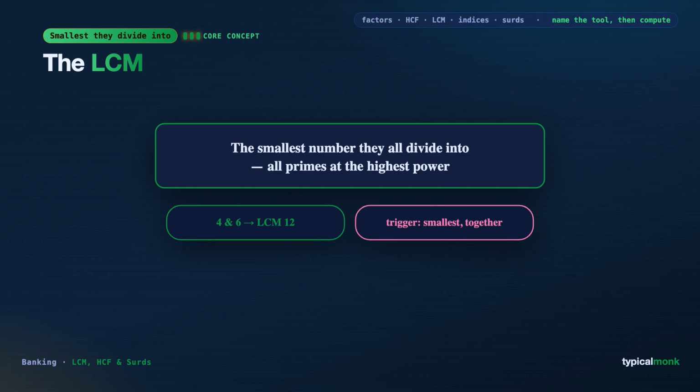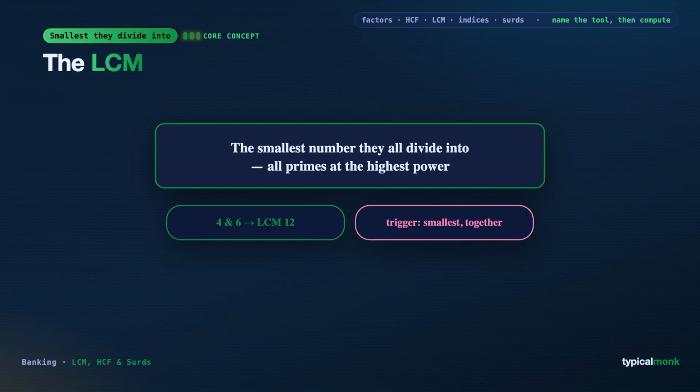And the core idea, which drives the word problems, is the opposite of HCF. The LCM is about the smallest shared amount, the first point at which repeating cycles line up again. Whenever a problem involves events that repeat and asks when they will next happen together, or asks for the smallest quantity that fits several groupings exactly, that is an LCM problem.